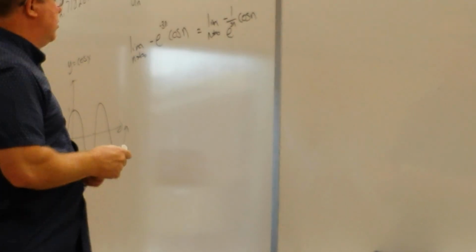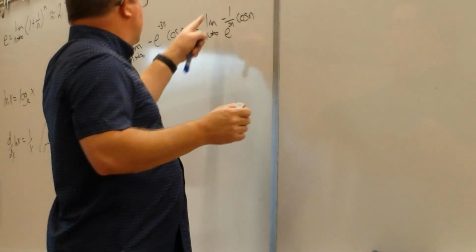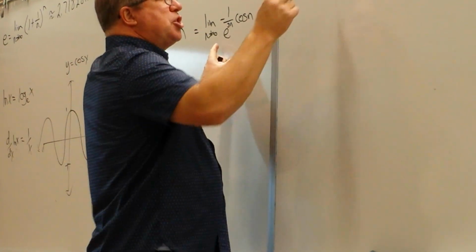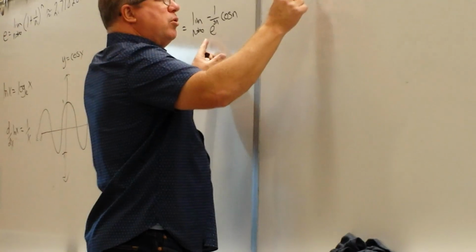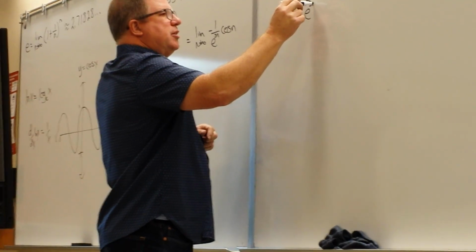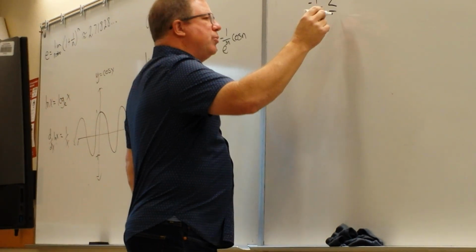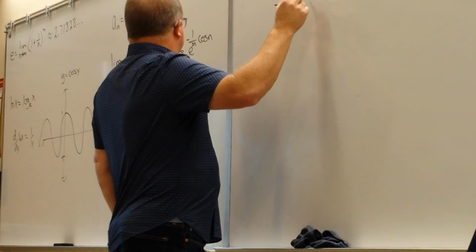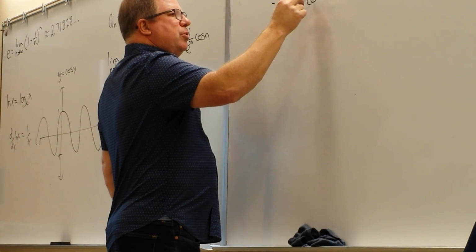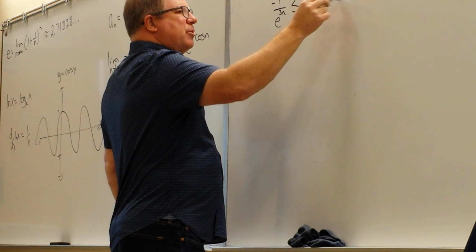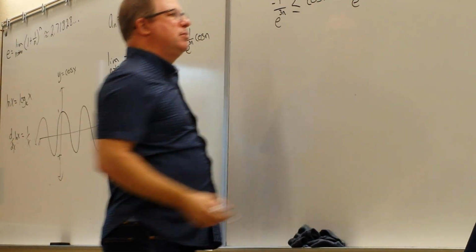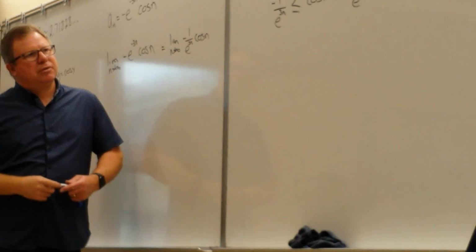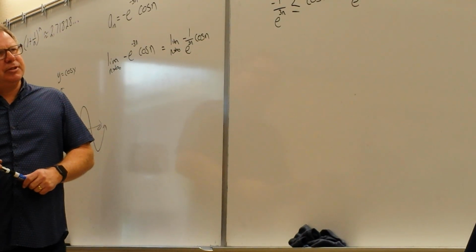So does that mean that this expression, I can put negative 1 over e to the 3n here, less than or equal to cosine n, less than or equal to positive 1 over e to the 3n? Is that true?